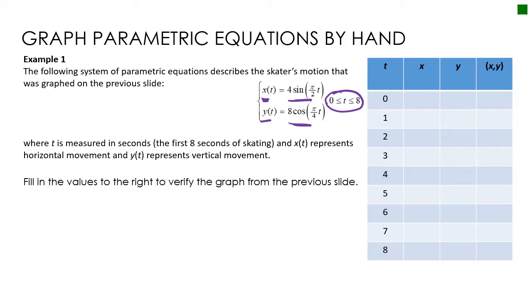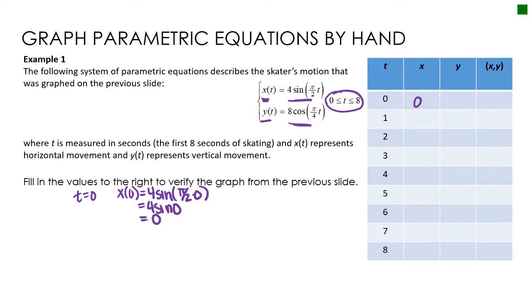To find, for example, when t equals 0, the x value is x of 0, which is 4 times the sine of pi over 2 times 0, which gives us 4 times the sine of 0, which is just 0.